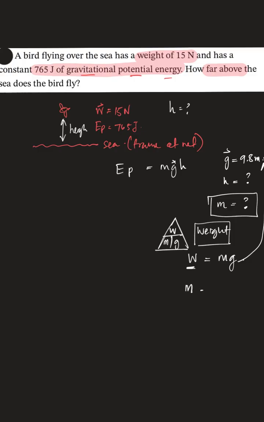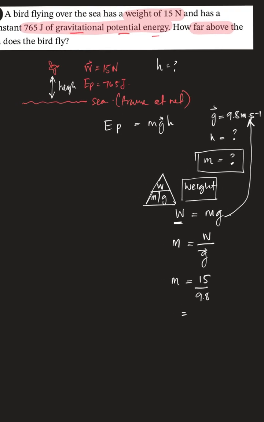So mass is equal to the weight divided by the gravitational acceleration. So mass is equal to the weight, which is 15, divided by 9.8. And I'm going to get a mass of 1.53061224 kilograms.